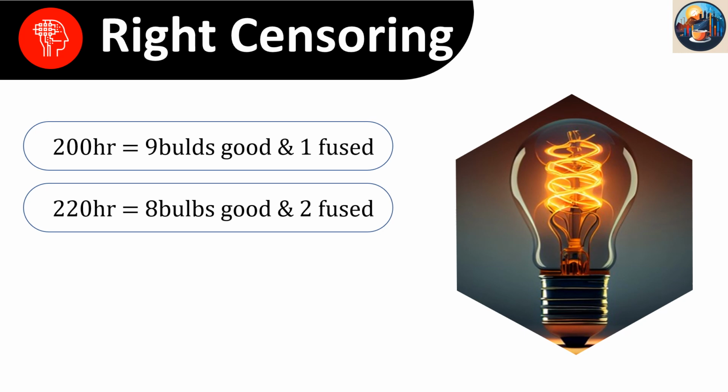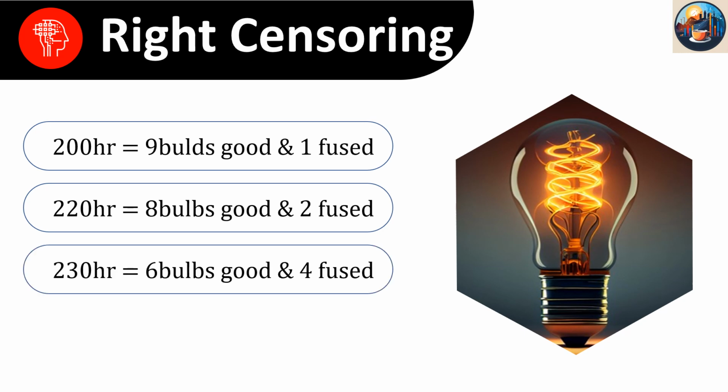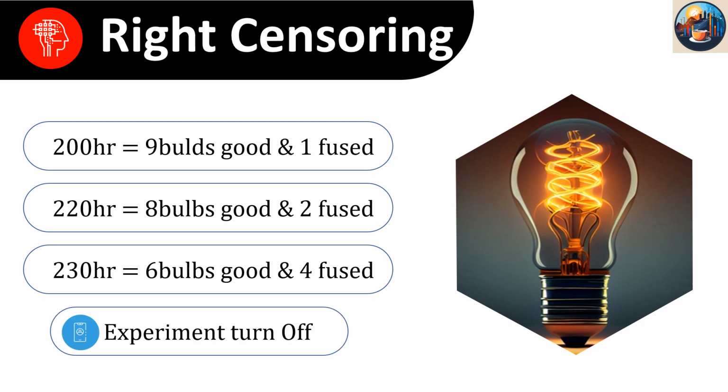He ran this experiment a little longer and found that 10 hours later, at 230 hours, 6 bulbs were good and 4 had fused. After these 230 hours, he turned off his experiment, because maybe he had run out of time, maybe he had run out of money, it could be any reason, but he still wants to find out about these 6 bulbs' quality.